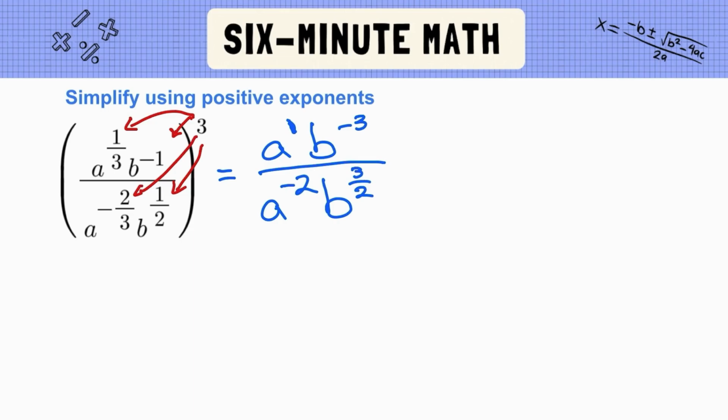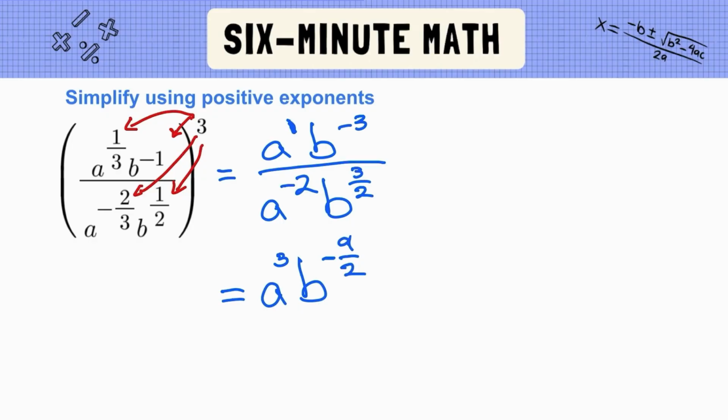I now use my quotient law to subtract the powers or the exponents of the powers with the same base. 1 minus negative 2 is going to be a cubed. And 3 minus 3 over 2 is going to be b to the negative 9 over 2.